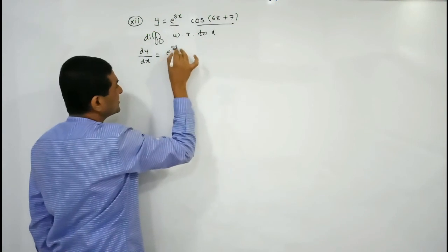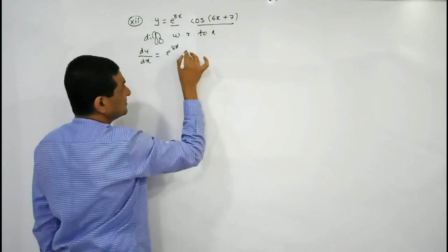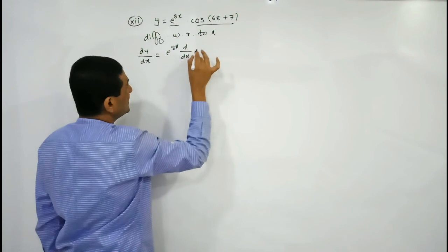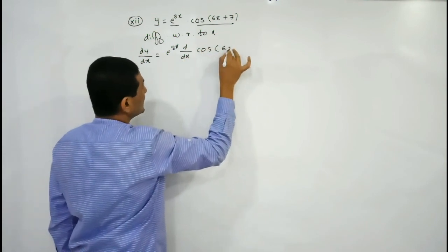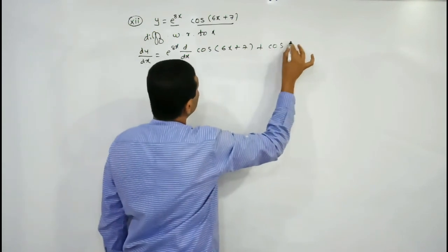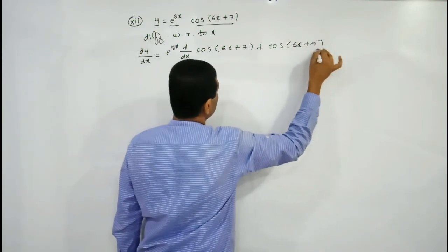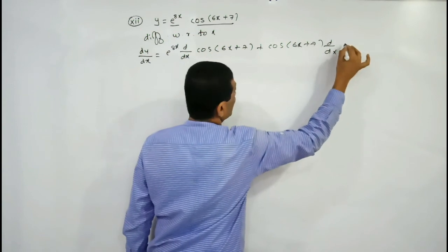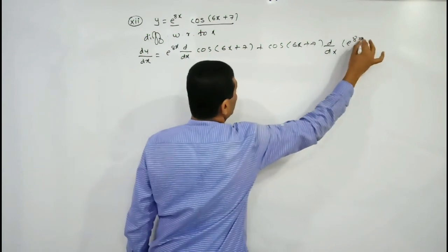According to product rule, first term as it is, into derivative of second term, means derivative of cos of 6x plus 7, plus second term as it is, means cos of 6x plus 7 as it is, into derivative of first term, and here the first term is e raised to power 8x.